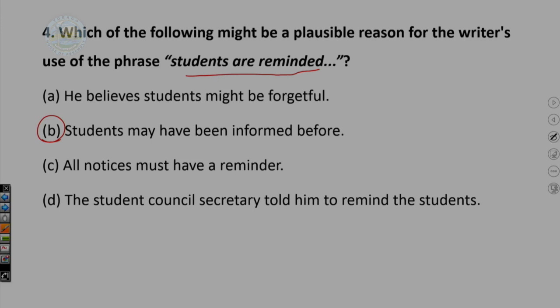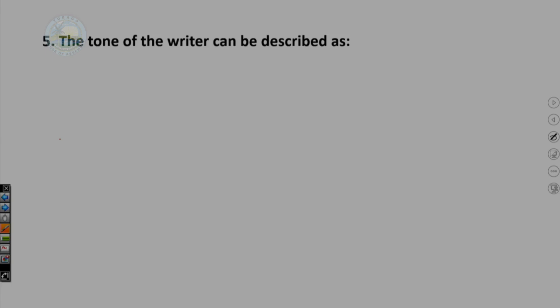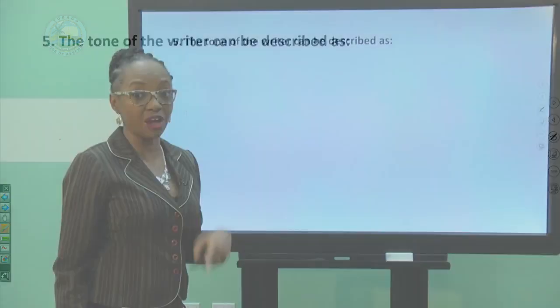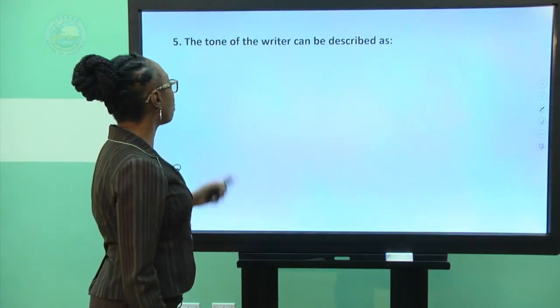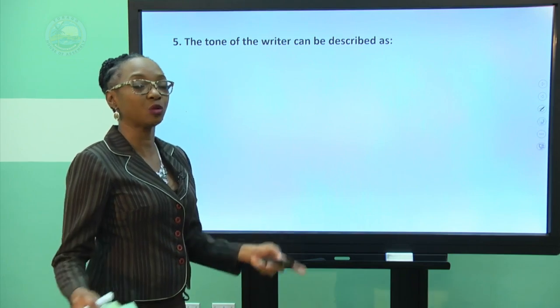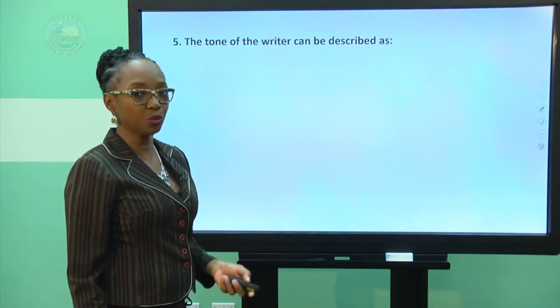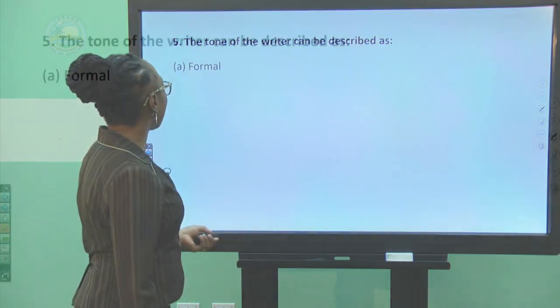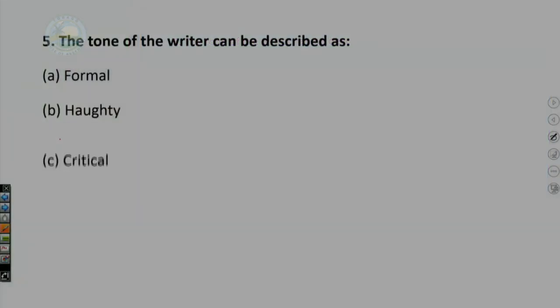We look at one more sample before we come to an end today, and it says the tone of the writer can be described as. Questions on tone and mood are very crucial, and I want you to be able to understand the language associated with tone and mood. The tone of the writer can be described as formal, haughty, critical, or urgent.